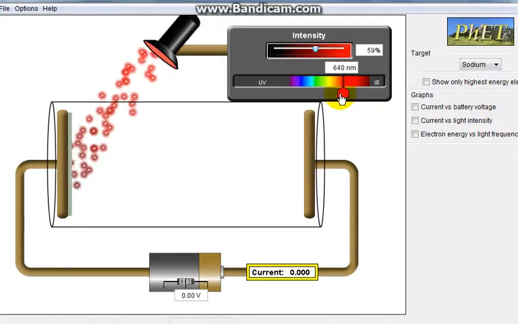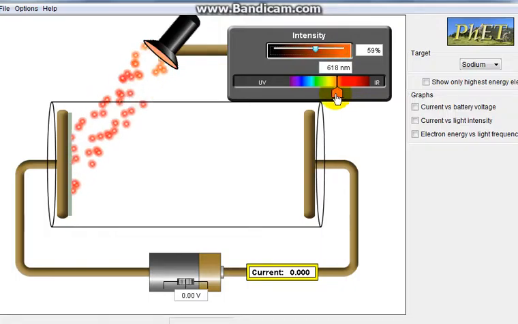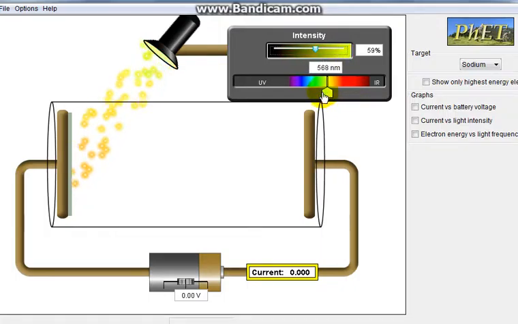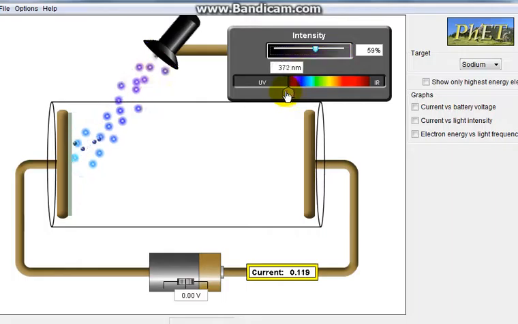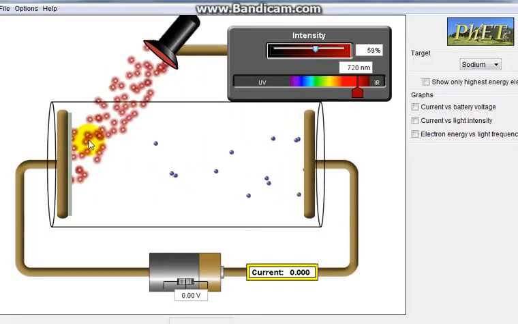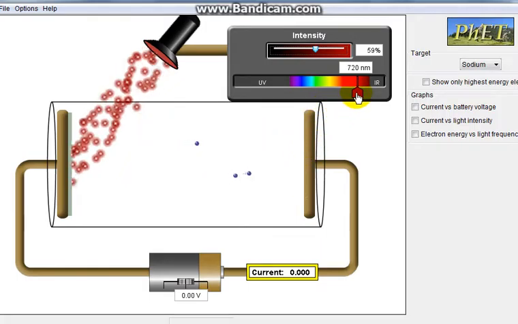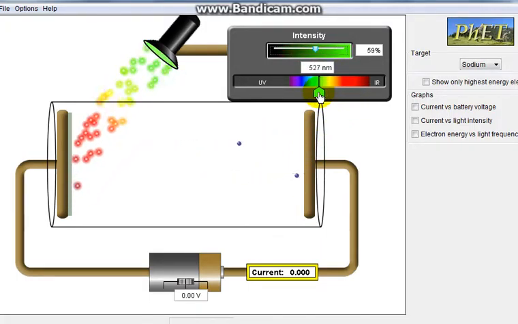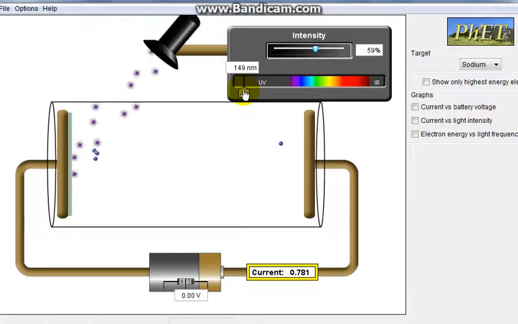If I decrease wavelength by increasing frequency, you can see they change color, yellow, green, etc. And as I increase the frequency, if I compare the number of photons being sent, you can see I have fewer.